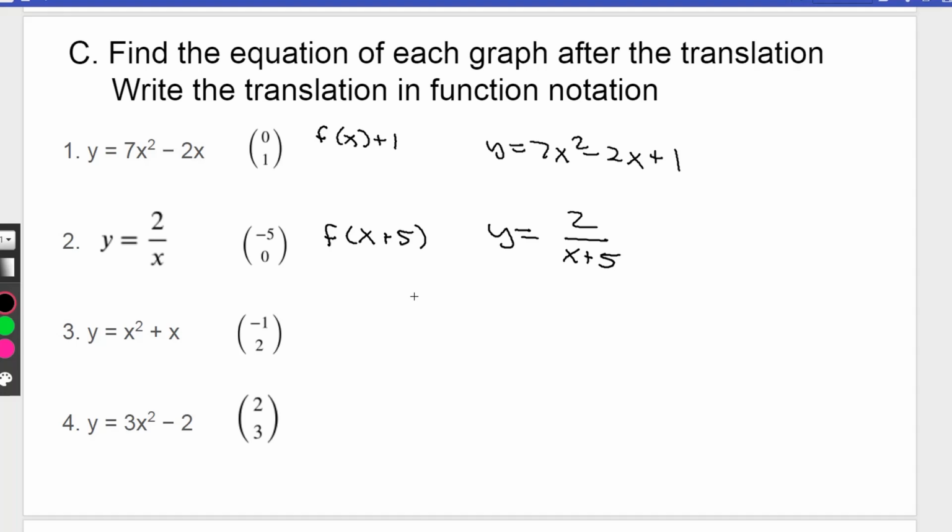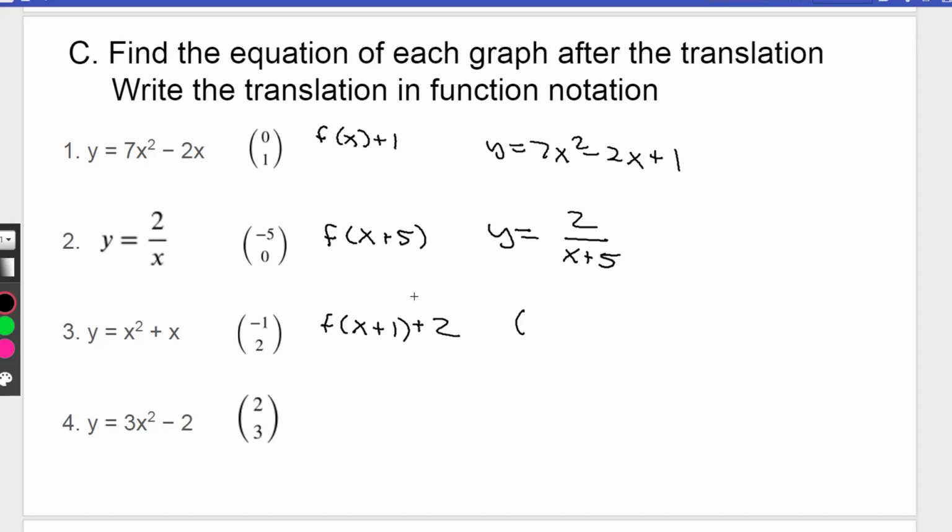Okay, awesome. Hopefully you did that. So remember, this means we're going to go to the left by 1. So that means that I'm going to do x plus 1. And then this means it's going to go up by 2. And so I take this and change it into this. And now I just do what it says. This says add 1 to every one of the x's.